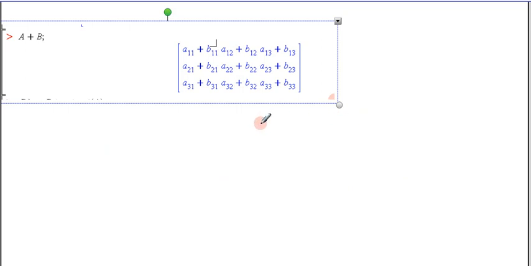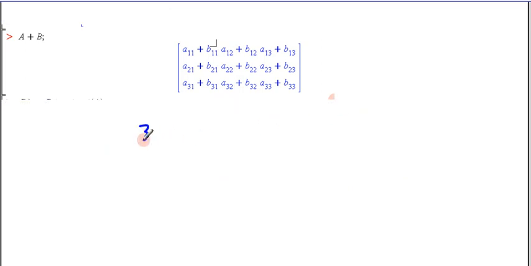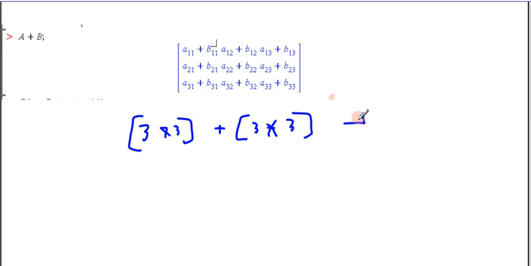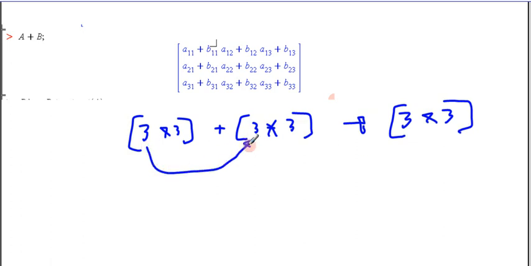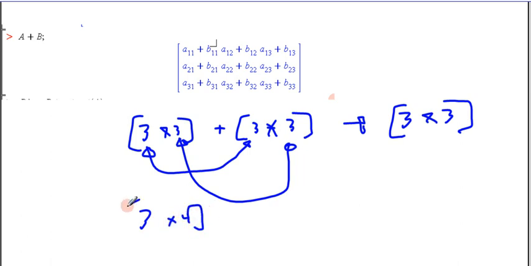I can add those matrices. So if I add a 3 by 3 matrix to a 3 by 3 matrix, then I end up with a 3 by 3 matrix. And in fact, I can only add matrices if these numbers are the same. So the 3 has to be the rows and the columns. I could have a 3 by 4 and a 4 by 3.